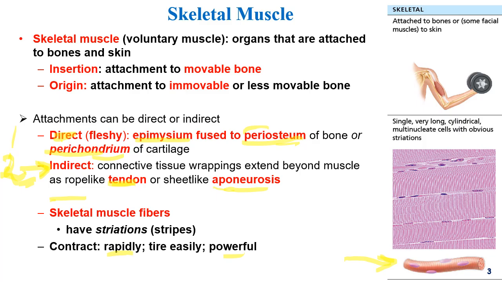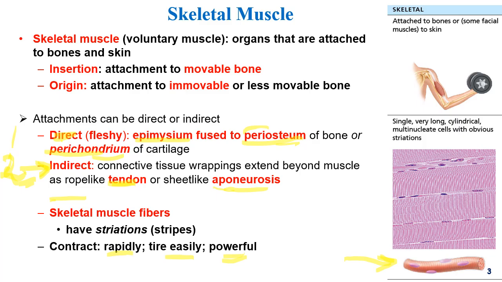So they have to respond, they have to give a powerful response, and they're going to get tired, the skeletal muscles. And another very important characteristic is that they are all voluntary muscles. So at your will, you're going to contract a skeletal muscle.